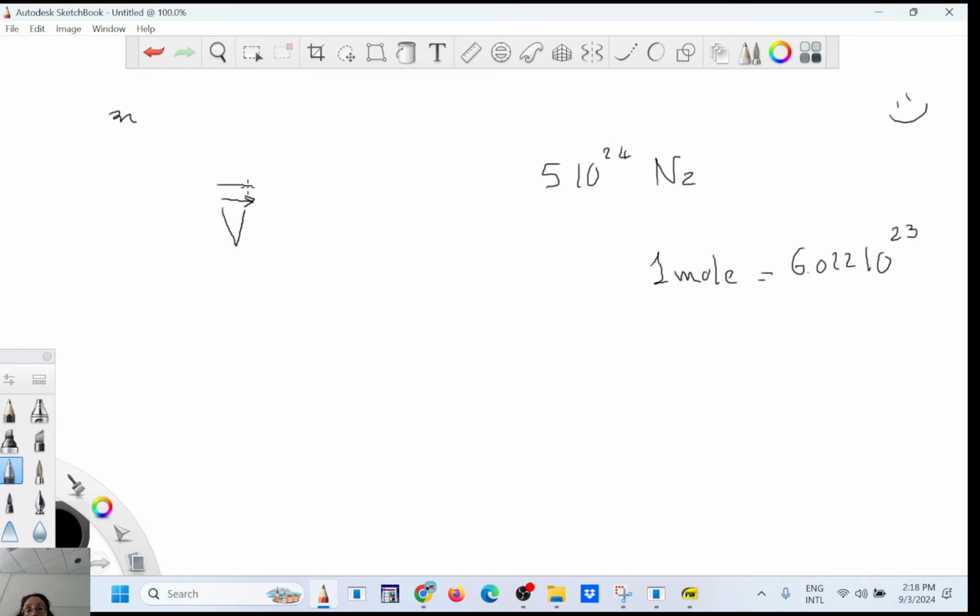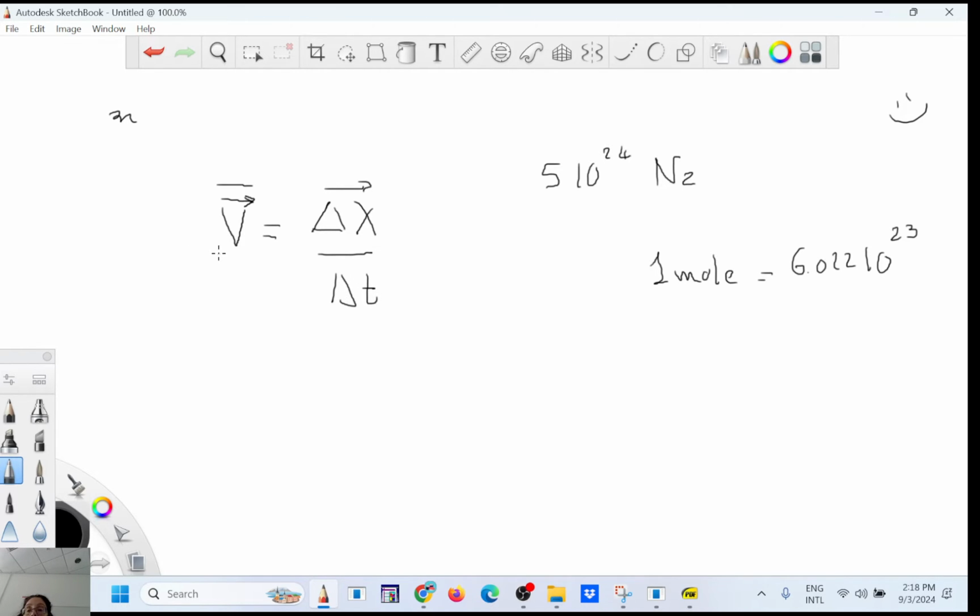I'm going to put a bar to say it's the average. So the average velocity is, by definition, the displacement, which is a vector, over the time elapsed.